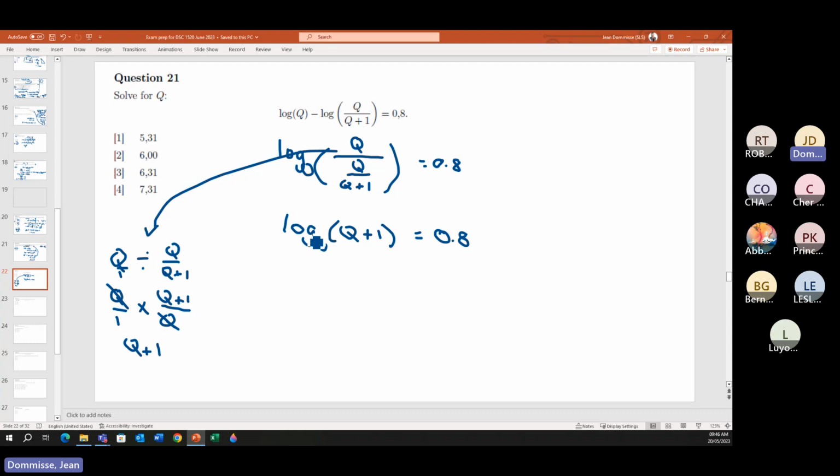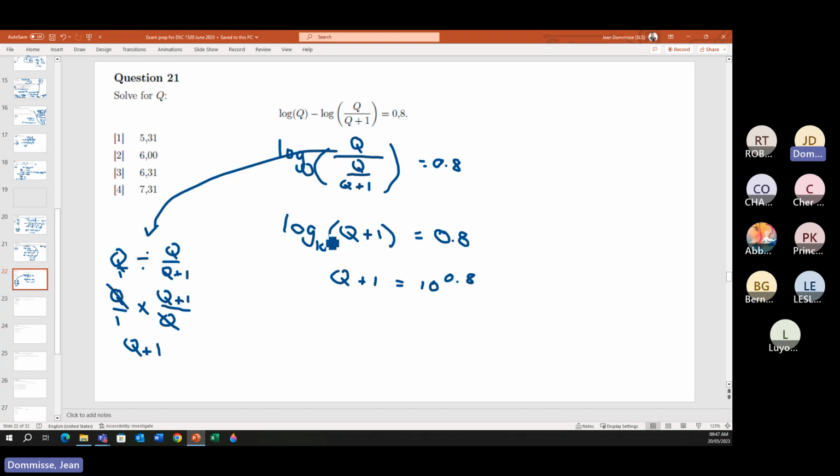So if we have log 10 of q plus 1 is equal to 0.8, again, if you go and look at your log rules, we can get rid of that. How we do it is to say 10 to the power of 0.8.